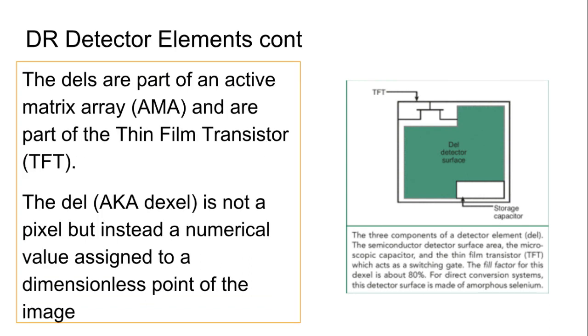So the DELs are part of what's known as an active matrix array, or AMA. And as mentioned, you have as part of this the thin film transistor. A word here is that these detector elements are not the same as the pixels.